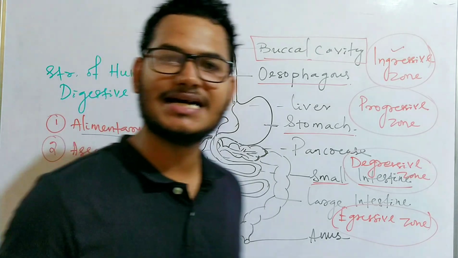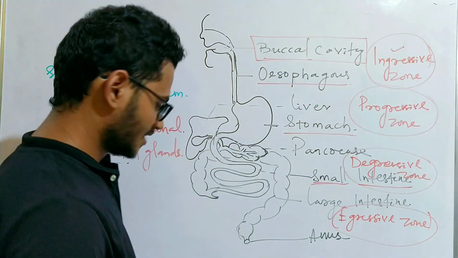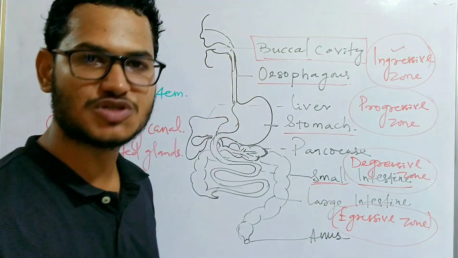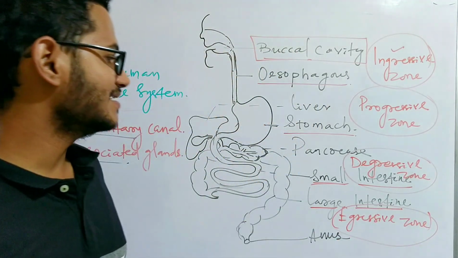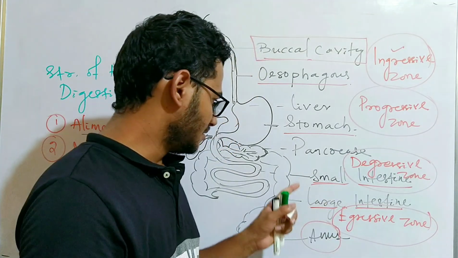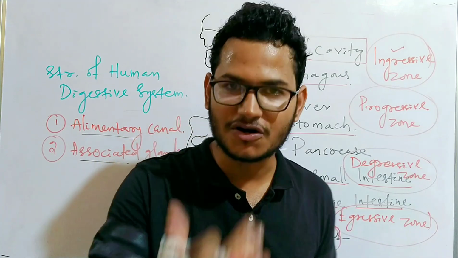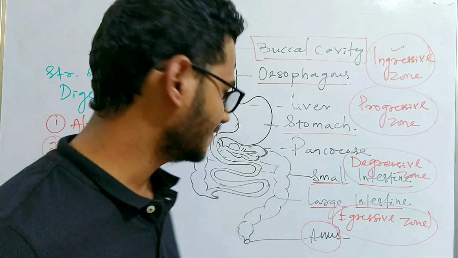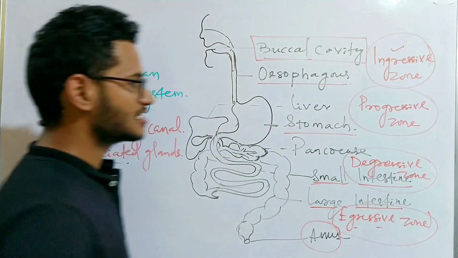It stores the undigested material and eliminates it. The part which comes under egressive zone is the large intestine, along with the anus and rectum. So large intestine comes under egressive zone.